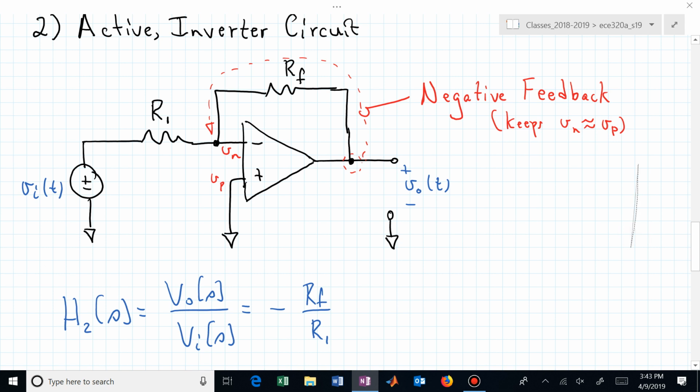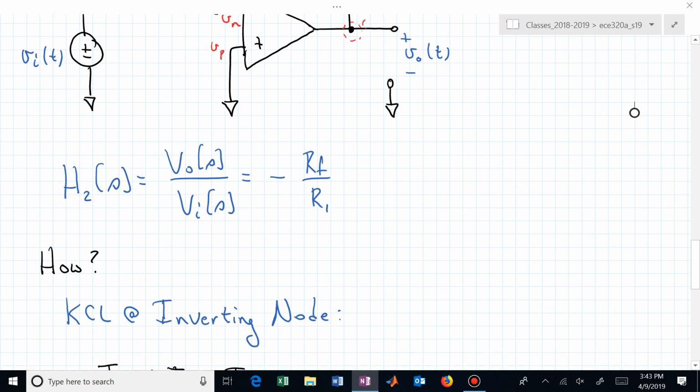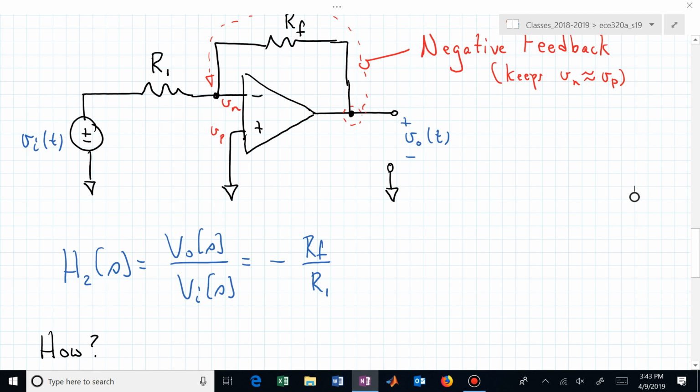I anticipated you maybe put on your cap, your questioning hat, and you said, how did this happen? How did you derive this relationship or this transfer function for that particular circuit?